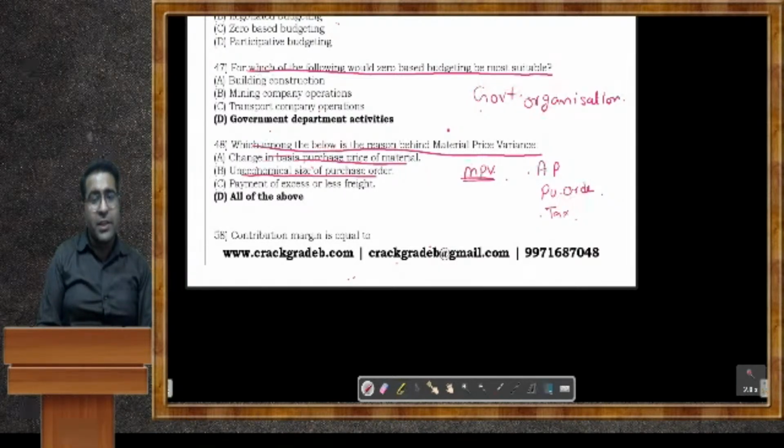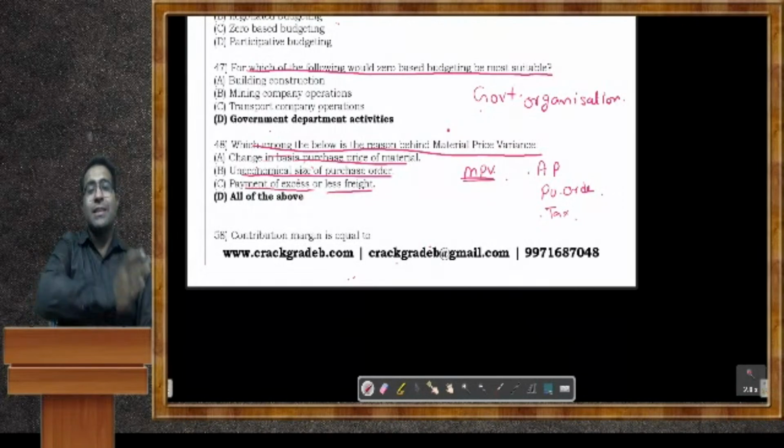Uneconomical size of purchase order: when we are purchasing more than the standard, then a variance arises between the price and the actual level. Then payment of excess or less freight, right? If we are paying high, then again MPV arises. If we are paying less freight, then we have to pay less amount. So there is a difference between the standard price and actual price. That's why it is all of the above.